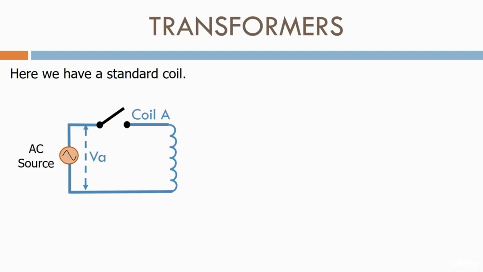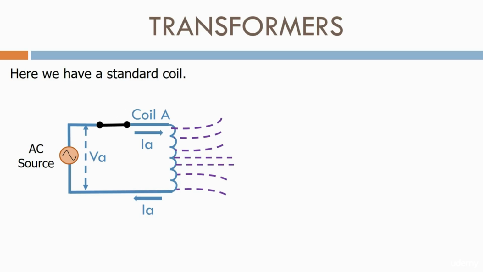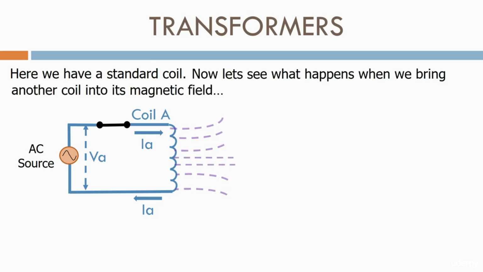Here we have a coil fed from an AC source and controlled by a switch. When we close the switch, current flows through the coil and the coil becomes magnetized with an alternating magnetic field. Now let's see what happens when we bring another coil into its magnetic field.